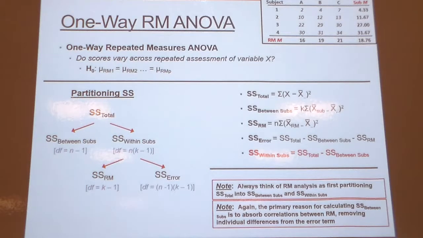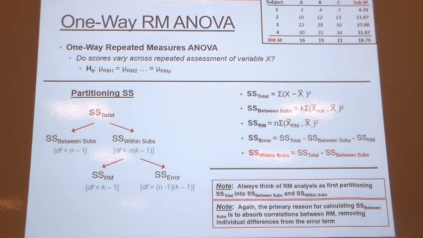But then what we're going to do is we're going to section off our between subjects, right? Our between subjects are going to be pulled out as our individual subject means minus the grand mean, and square those up, right? K is the number of treatments, right?